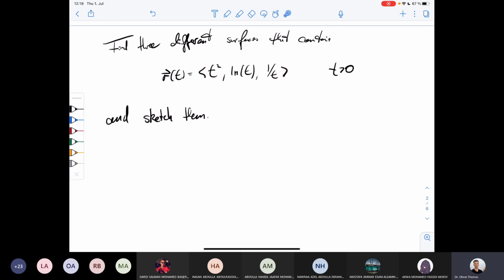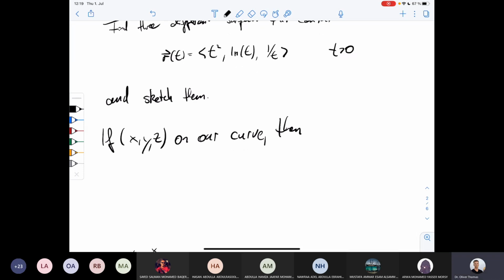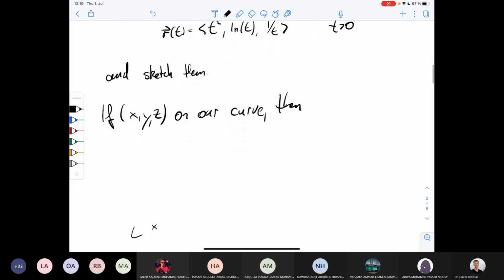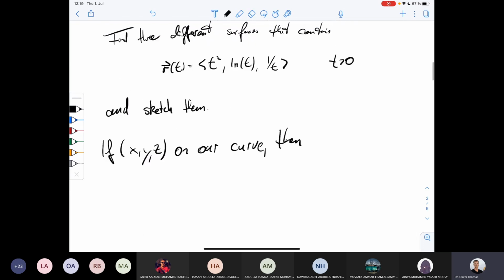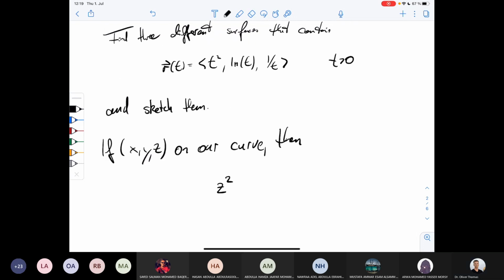And maybe the easiest one that we directly see is a relationship between the x coordinate and the z coordinate. So if we have a point x, y, z on our curve, then if we square the z component, right, then we get 1 over t squared. And then if we take 1 over z squared, that gives us t squared.